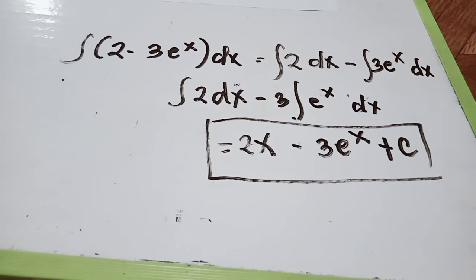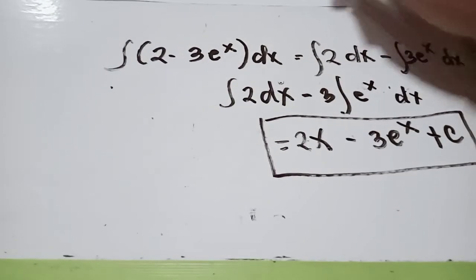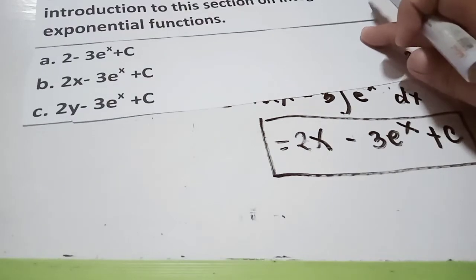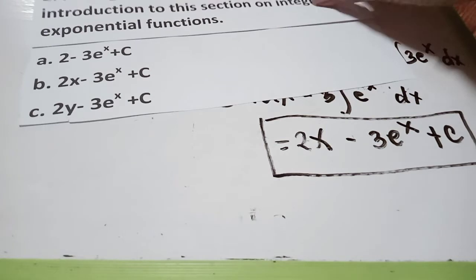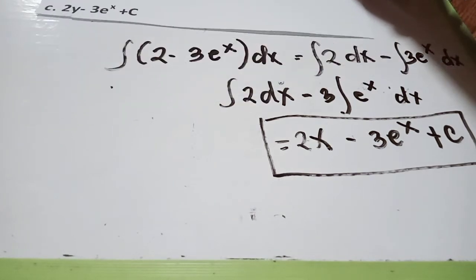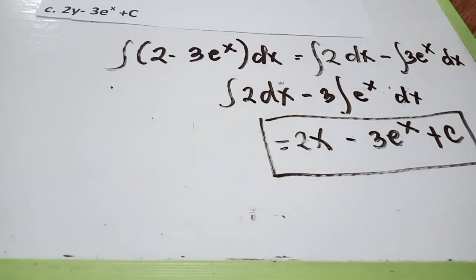So our answer for number 2 is letter B, 2x minus 3e^x plus C. Don't forget also the formula e^u plus C for the exponential function.